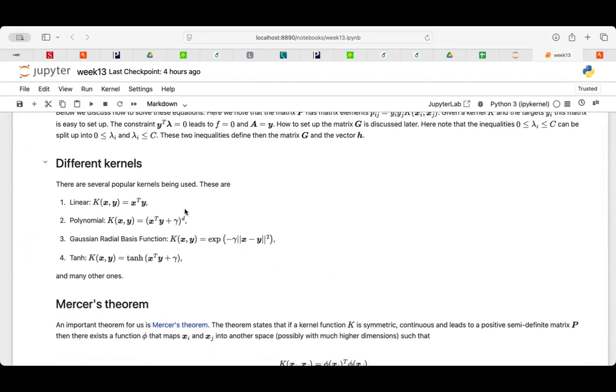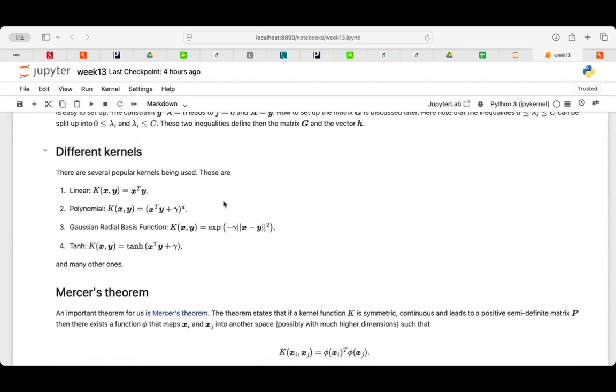The typical kernels used in machine learning implementations of support vector machines are typically the Gaussian type of kernels. These are some of the most popular ones. And in order to make a classification problem, you can also do regression type of problems. These kernels become additional parameters in the optimization.